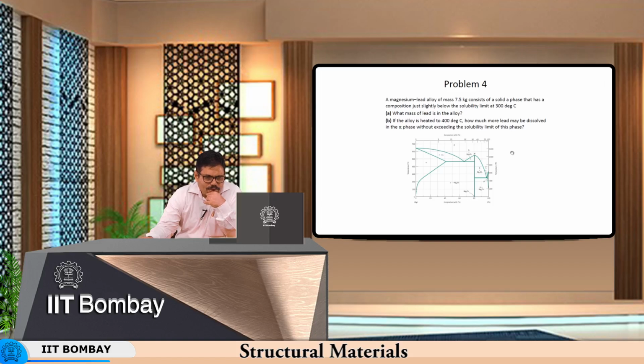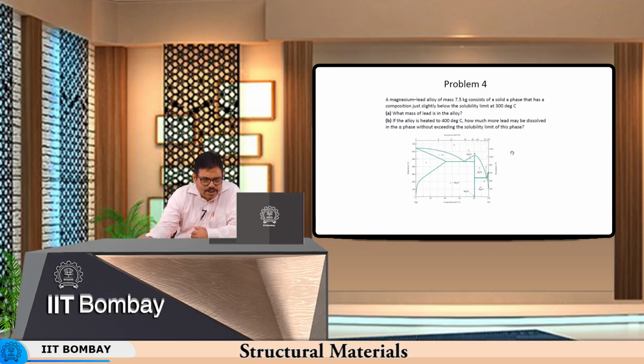As you go down in temperature, the solubility limit is defined by this sloping solvus. So at 300, no more than say 18% or maybe 16% of lead can be dissolved in magnesium, and therefore you will have increasingly the compound Mg2Pb getting developed.